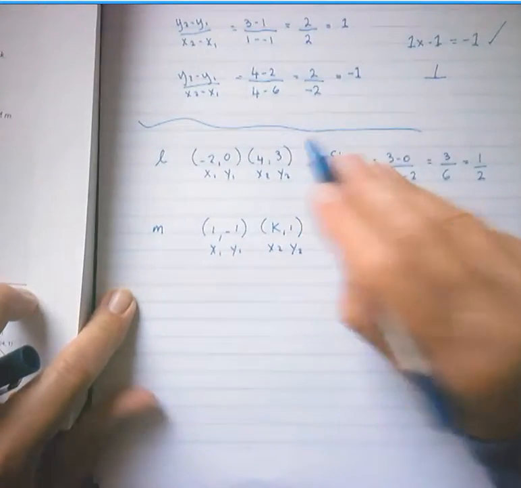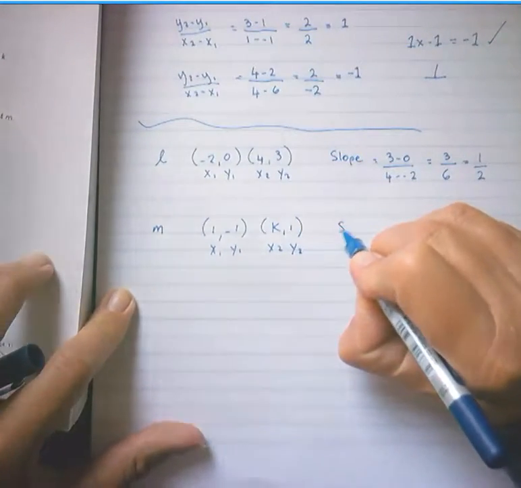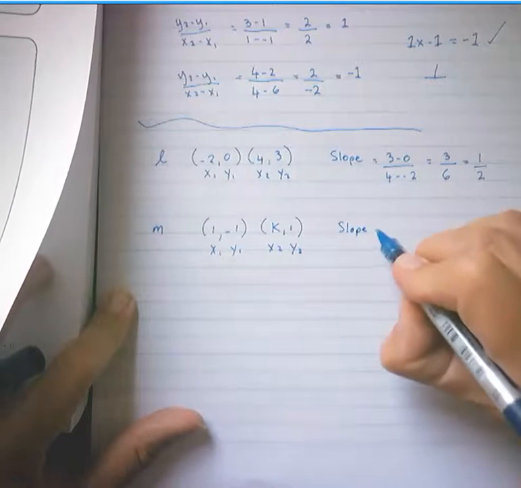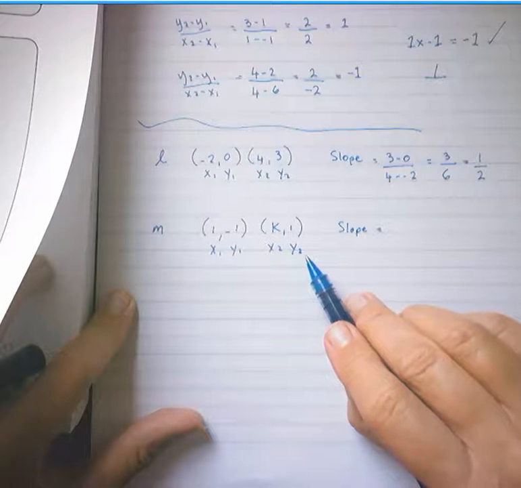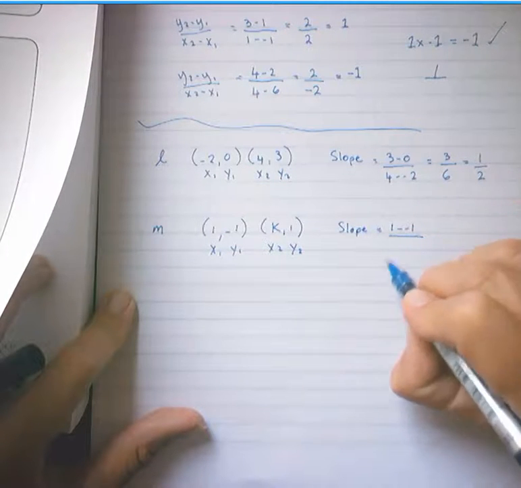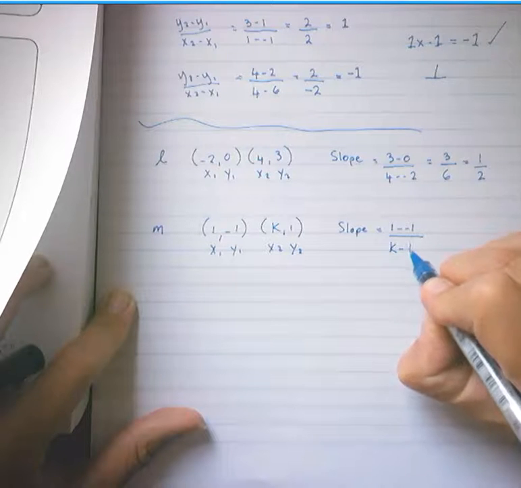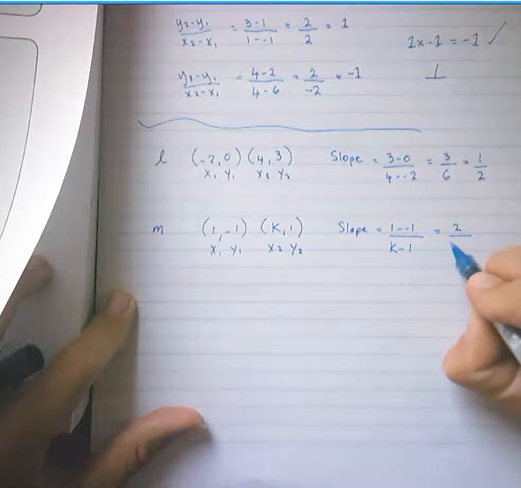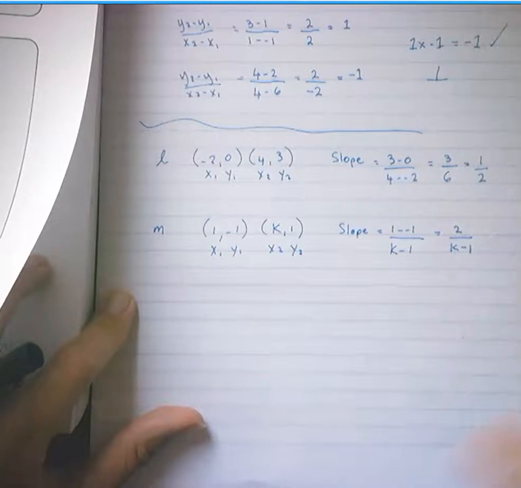You get the slope formula. So it's your y2 minus y1 over x2 minus x1. Plug the values in. So you would go 1 take away 1 over k take away 1. So when you're solving that, you would get 2 over k take away 1.